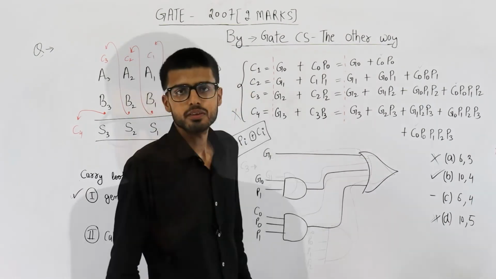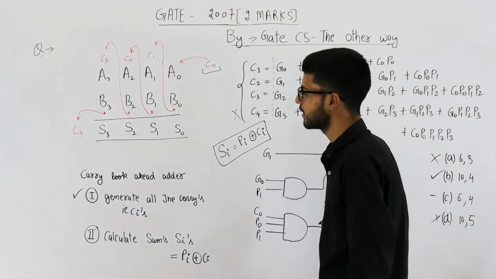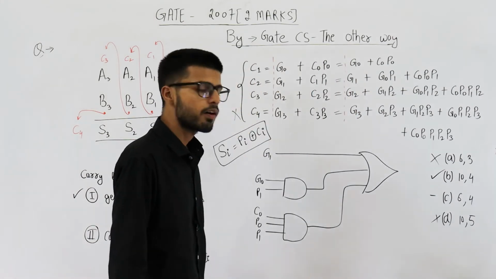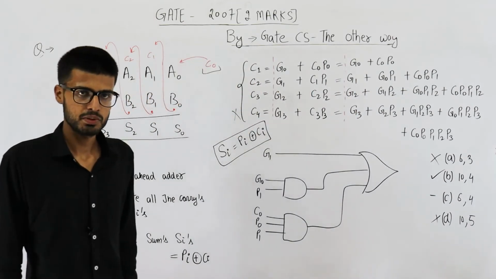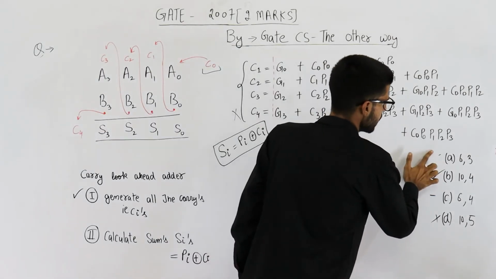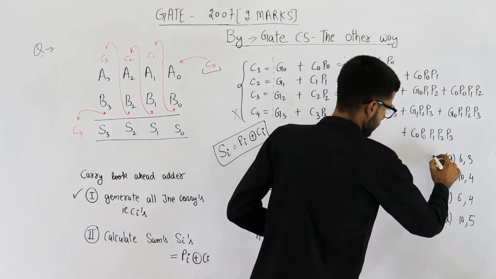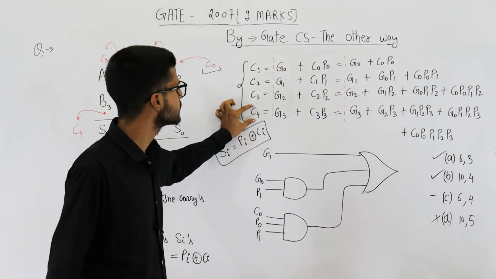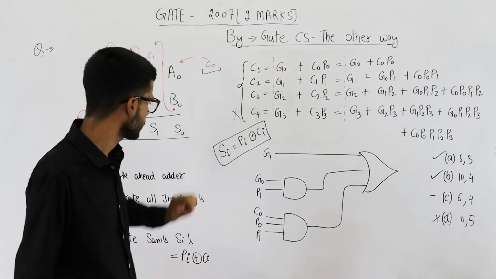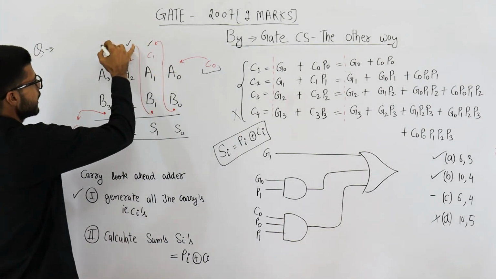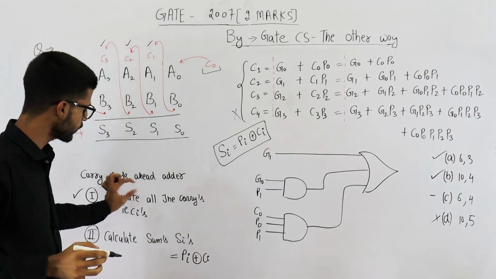One more thing that I probably skipped while making this video: in offline classes, one student asked me this doubt, why is the answer not A? He claimed that the answer could be option A because we need not generate C4. When we have generated C1, C2 and C3, step 1 is done.